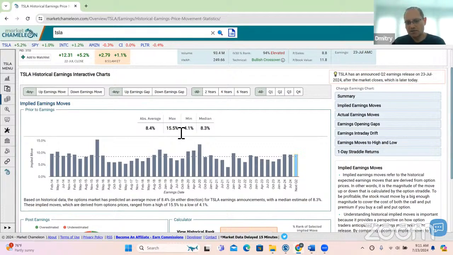The high was 15.5%, the low was 4.1%, and the median is 8.3%. This helps us get an idea of where the straddle may be priced by the end of the day. Right now we still have a day to go in earnings. We're not open yet, we're pre-market, but we still have a full day to go.